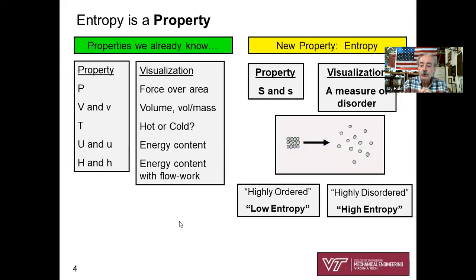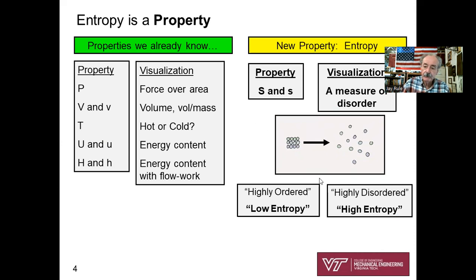Recall that just entropy, just letter S, is a property. So there's a number of properties that you're pretty familiar with already: pressure, volume, temperature, internal energy, enthalpy. Well, entropy is a property as well, a property that depends on the state of a closed system.